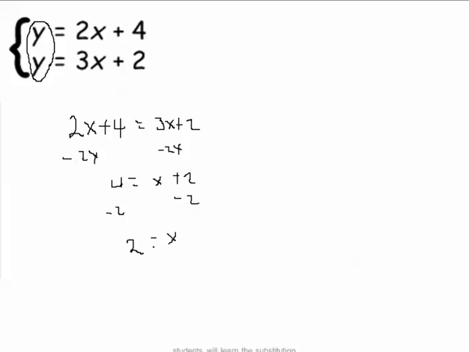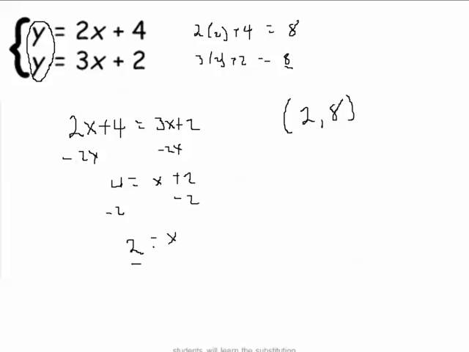And put that in. So I can have 2 times 2 plus 4. That's 4 plus 4. That's 8. Let's do it in the other one. 3 times 2 plus 2. That's 6 plus 2. That's 8 as well. So I got 8 for y. My point is going to be located at (2, 8). That was my x, y value.